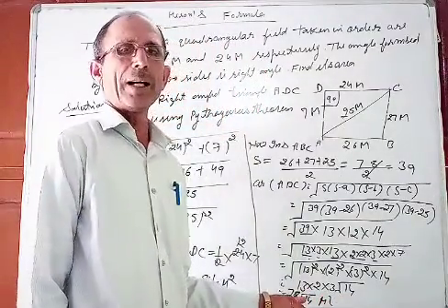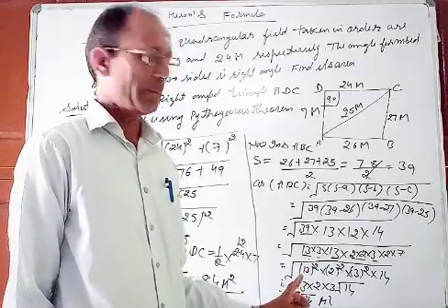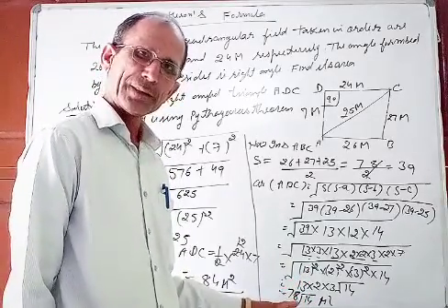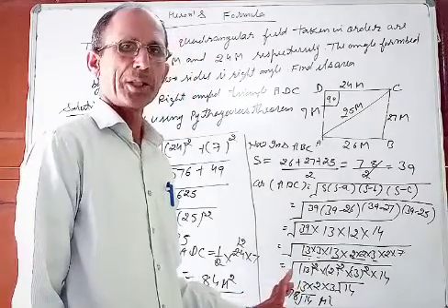You can find the square root of 14 up to 2 places of decimal, then multiply by 78. You can solve like this, and if you want to keep only this one, this is also right.